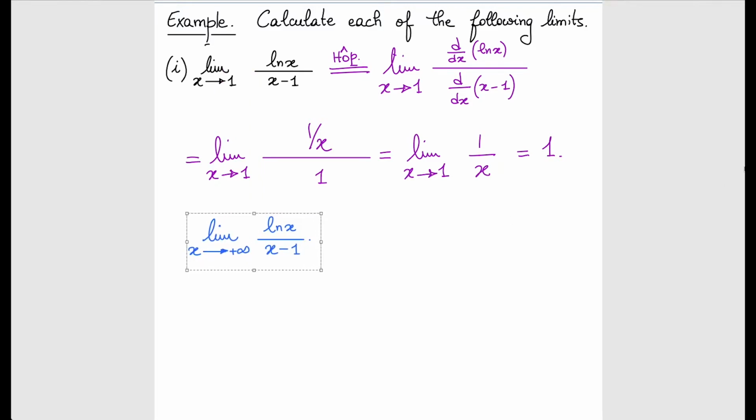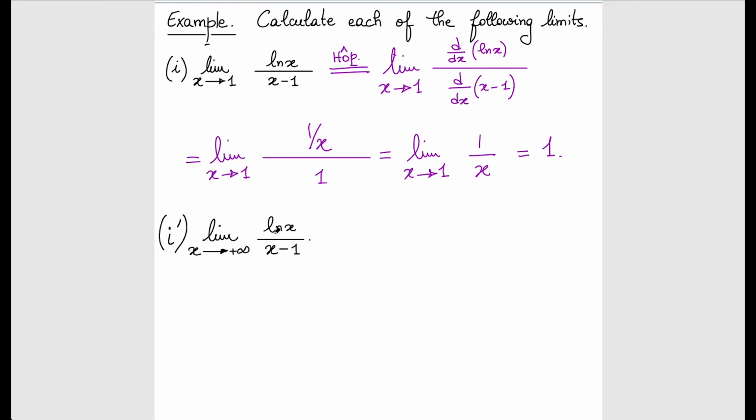Let's call this part 1 prime. So the limit, this is still an indeterminate form of type infinity over infinity, because ln of x blows up as x goes to infinity and x minus 1 blows up as x goes to infinity.